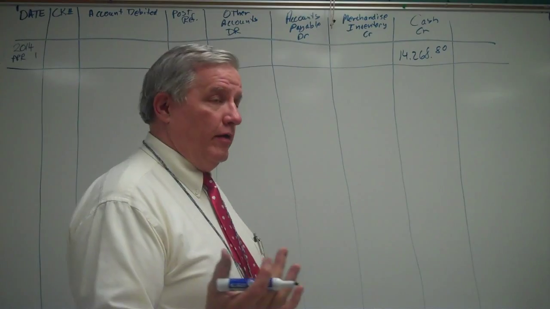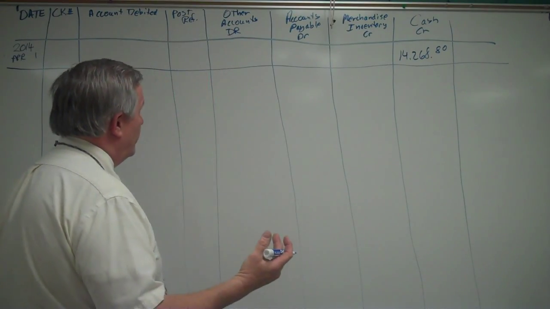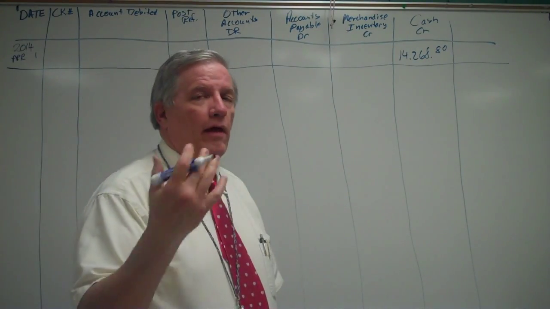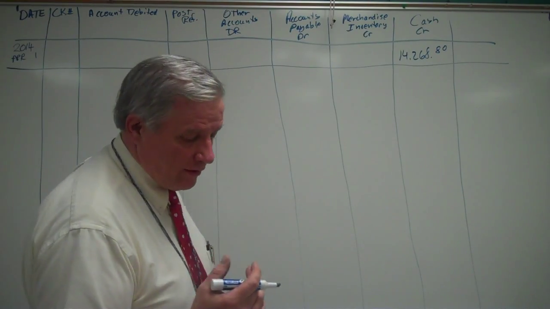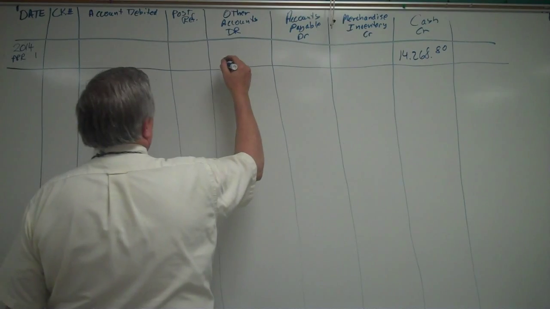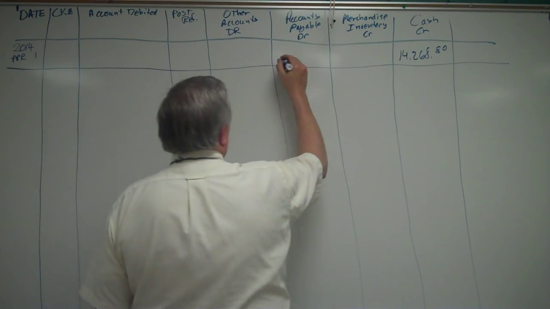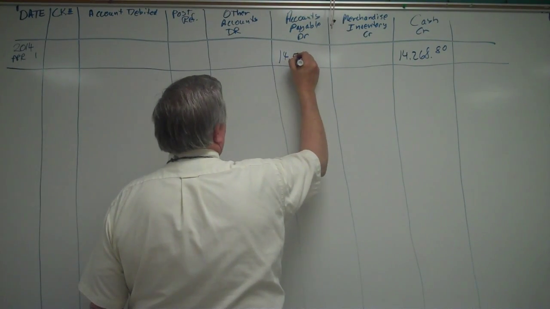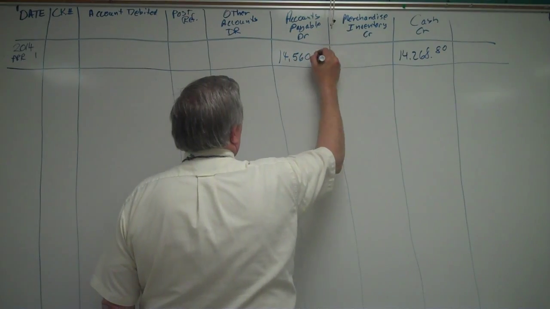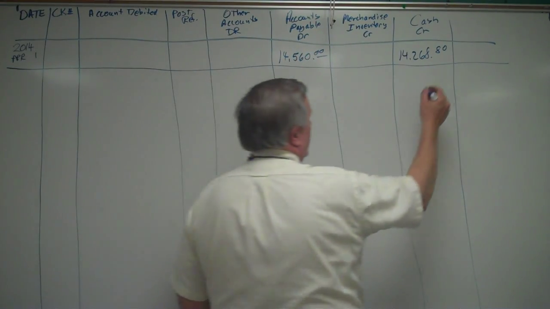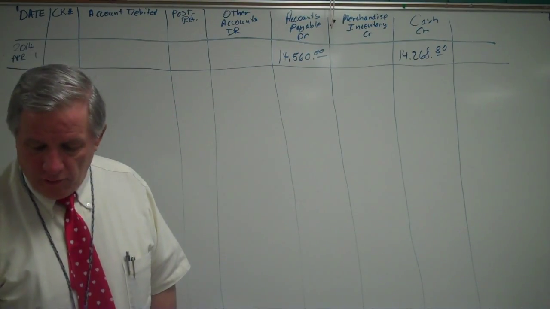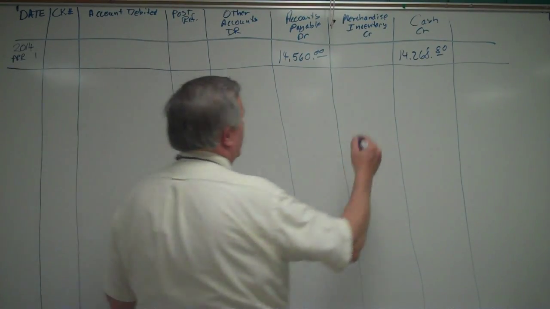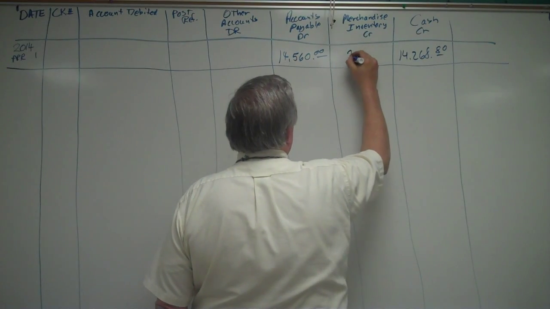I'm going to get a credit to my account, or they're going to credit me on $14,560. That's going to be the accounts payable. Oops. I'm going to put this in the wrong column, sure as the world. $14,560, and the difference is $291.20. And that's the merchandise inventory credit.